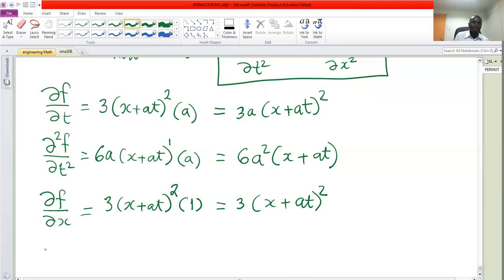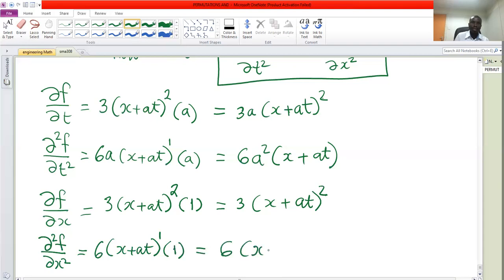And then partial squared f partial x squared: differentiate this one again with respect to x. If you fix this to be u, dropping the 2 will have 6 (x plus at). Power reduces by 1, and when you differentiate inside, you get 1. So this will be 6 into (x plus at).